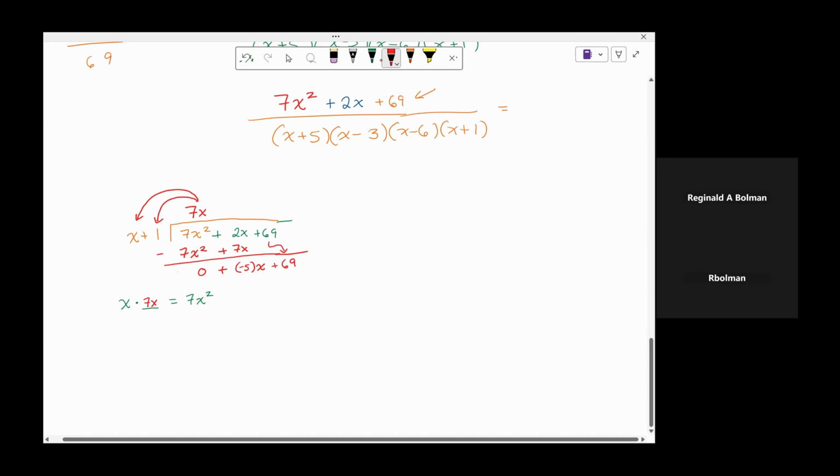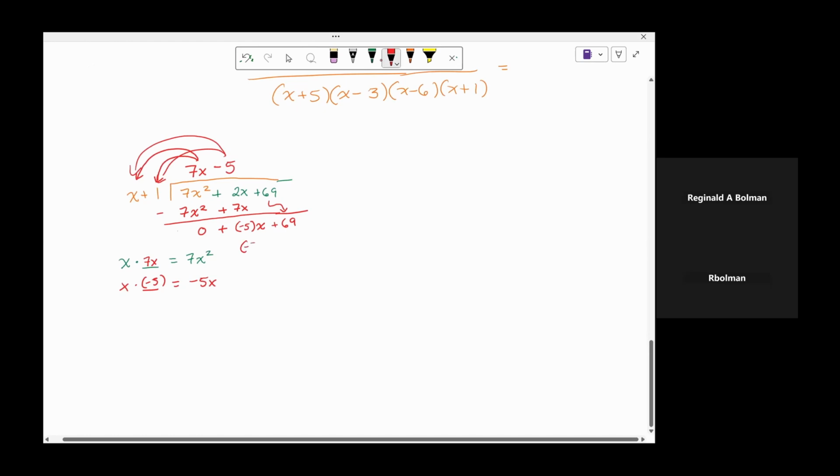Now we're going to ask ourselves, how many times does x go into negative 5x? So I ask myself, x times blank gives me negative 5x, and everybody should have responded negative 5. So then you get negative 5, and you back multiply. Negative 5 times x gives you negative 5x, and negative 5 times 1 is just negative 5. And of course, you're going to subtract this from everything above.